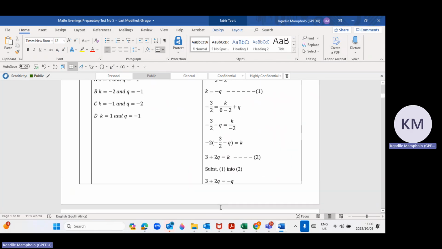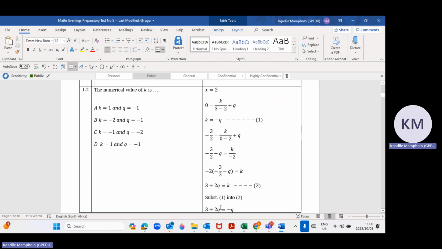Now, question number 2 says, find the numerical values of k. You were given that f equals k over x plus p, plus q. From g you know the vertical asymptote is x equals 2, which means that in the equation p will be negative 2.